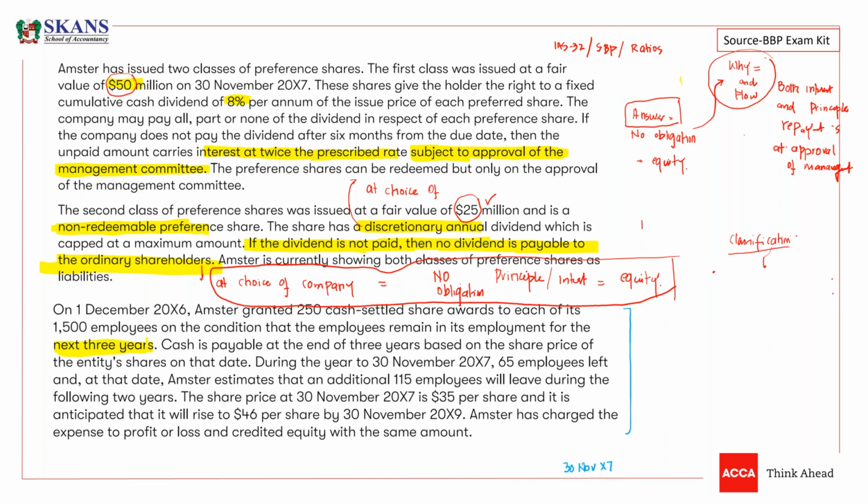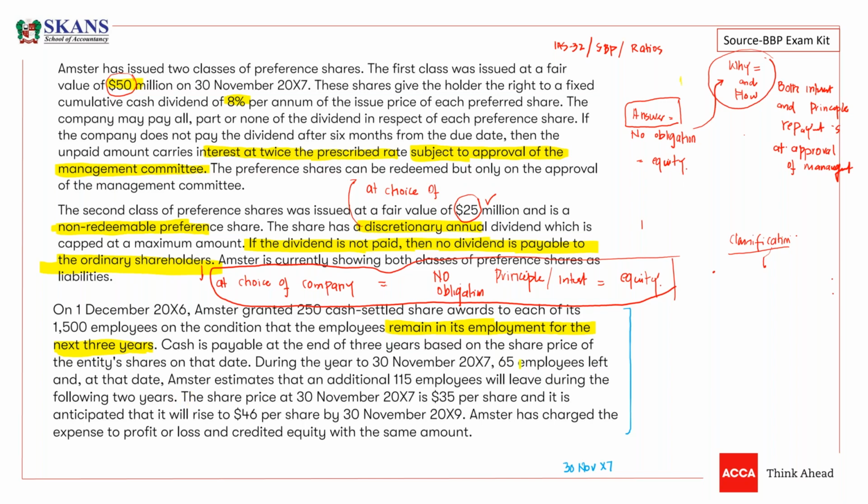So now what you need to do? You will do calculations, 1/3 for 1 year, time ratio. You are going to portion this expense over 3 years. Cash is payable at the end of 3 years based on the share price of the entity's share at that date. This is share-based payment. During the year to 30th November X7, 65 employees left, and at that date, Amster estimates that an additional 115 employees will leave during the following 2 years.